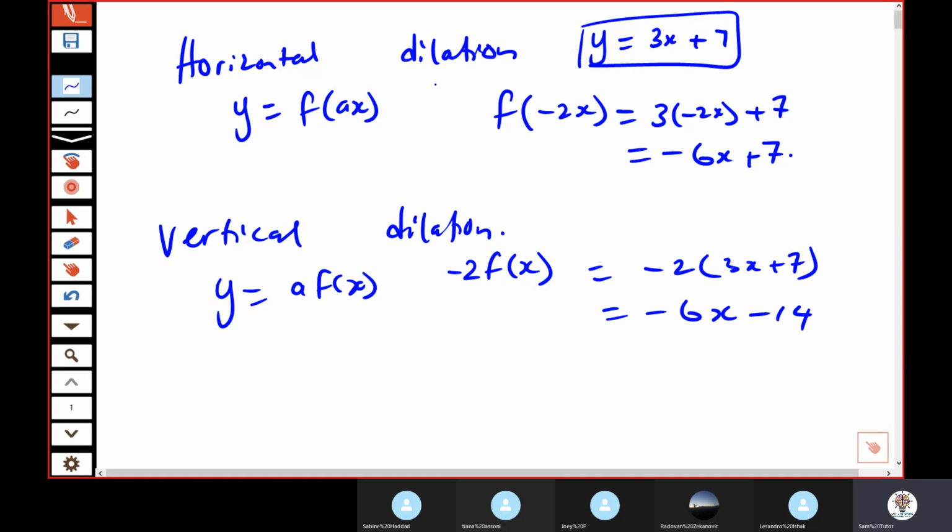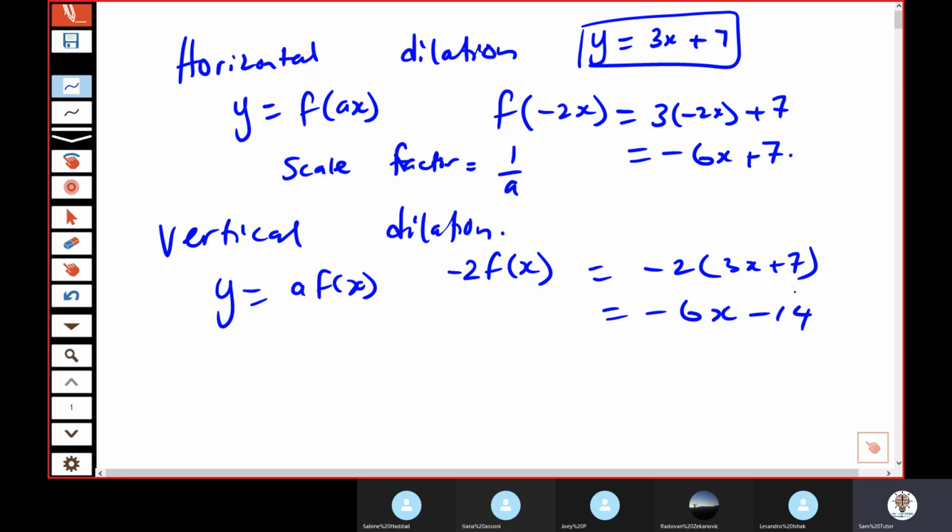With your horizontal dilations, because your y value is not changing, your scale factor equals 1 on a. For your vertical dilation, because both are changing, you got that? Because the whole y value is changing.